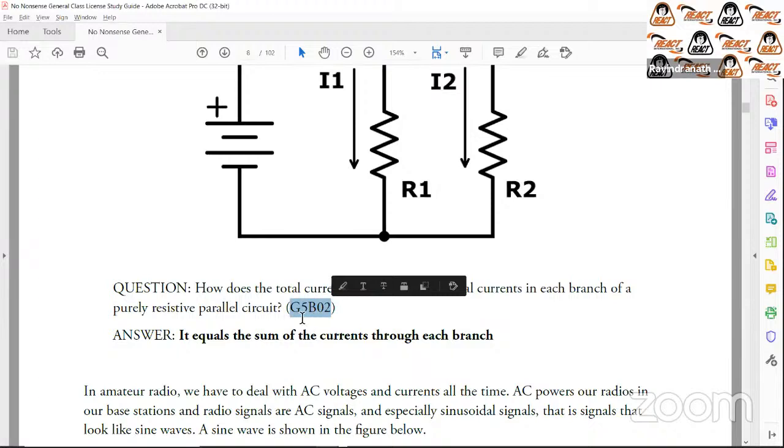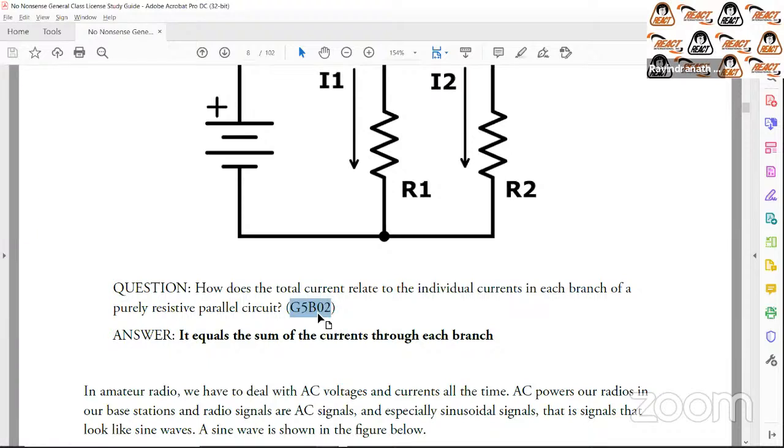that next to every question in the No Nonsense Guide, which is what we're using, there's a number, and this number relates to the question pool number. We circulated the entire question pool to all of the students, with the question, the right answer, and the three distractors, or wrong answers.